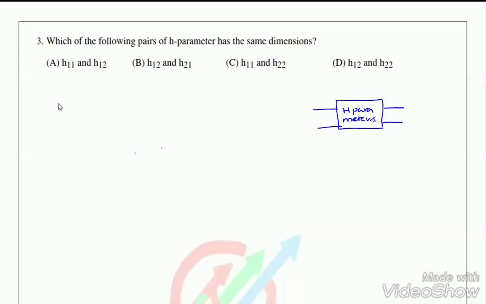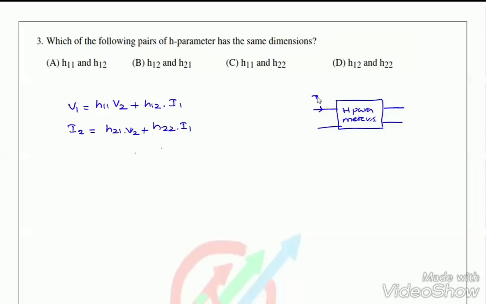The basic equations belonging to this two-port network are V1 is equal to H11 V2 plus H12 into I1, and similarly I2 is equal to H21 into V2 plus H22 into I1.